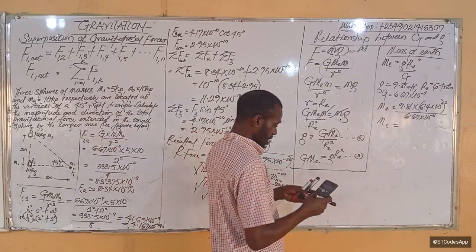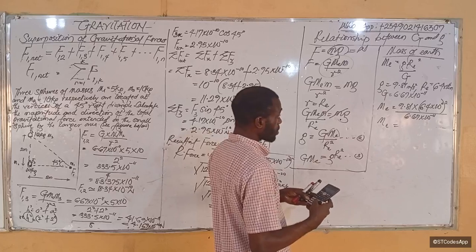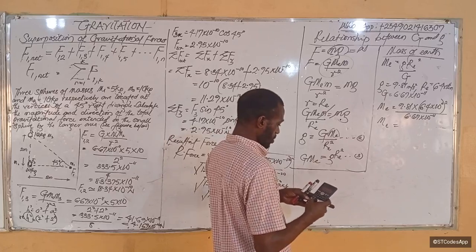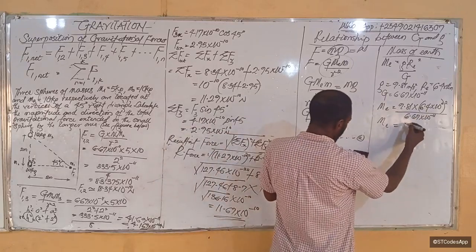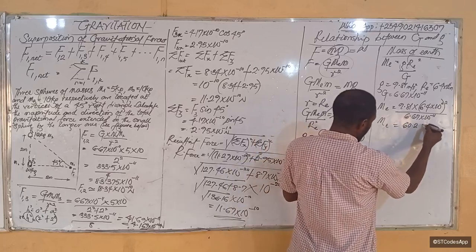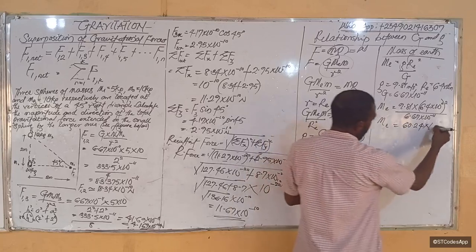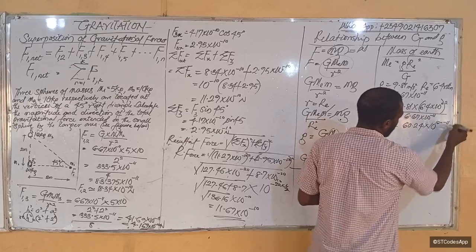Then that times 9.81 divided by 6.67. Notice I'm only dealing with these numbers, right? That gives us 0.24 times 10 raised to the power, here I've squared this, that's 12 minus 11.